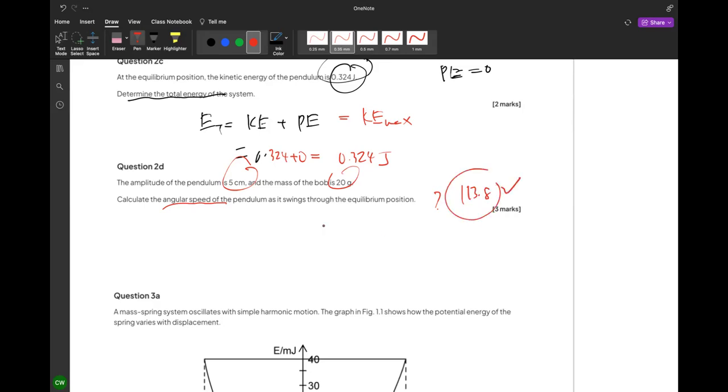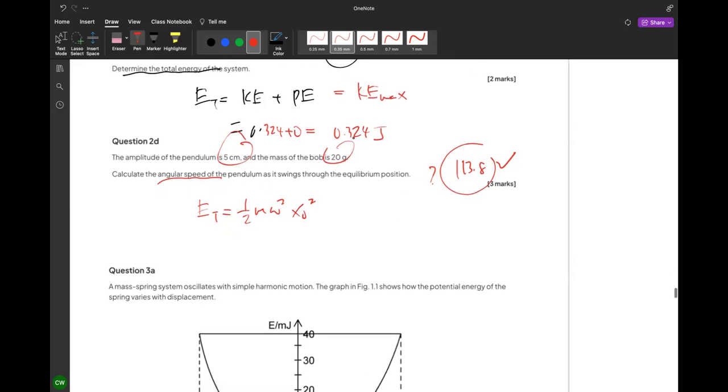Yes, they are correct. Why? Go back to the formula again: E equals half m omega squared s naught squared. So we're looking for omega.